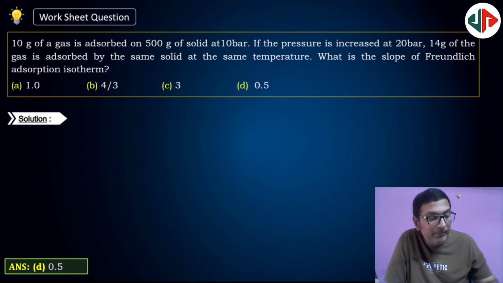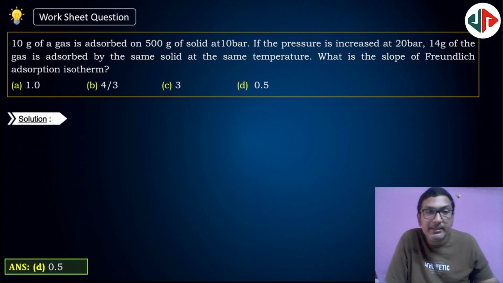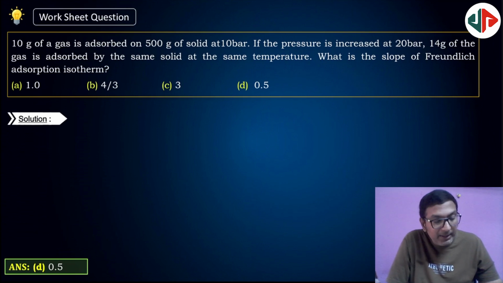First question. 10 grams of gas is adsorbed on 500 grams of solid at 10 bar. If the pressure is increased to 20 bar, 14 grams of gas is adsorbed by the same solid at the same temperature. What is the slope of Freundlich adsorption isotherm?